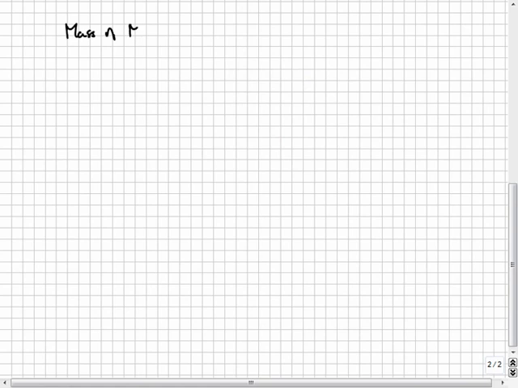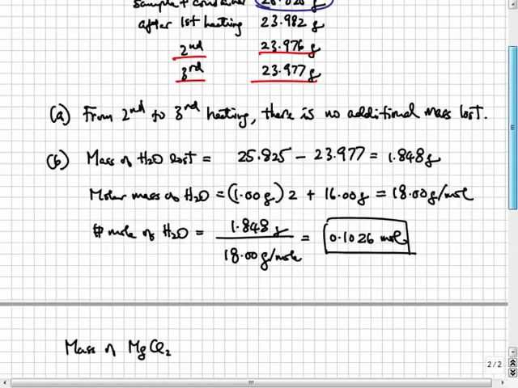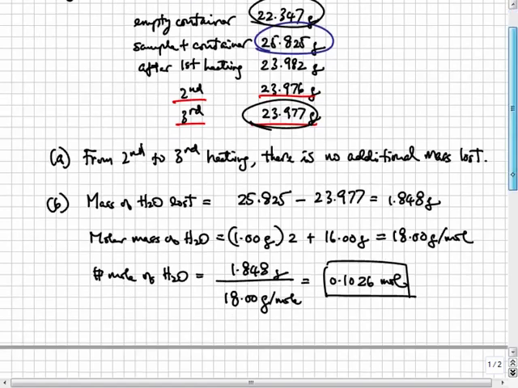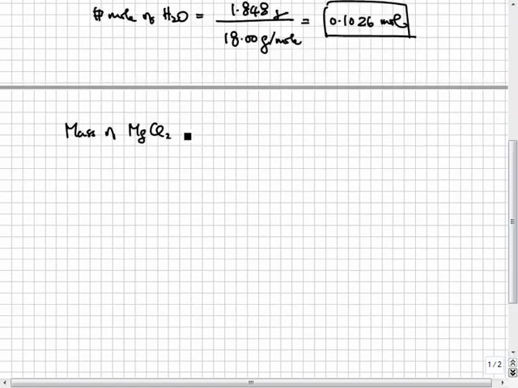This is given by the difference between the dehydrated MgCl2 plus the container and the mass of just the container itself. This comes out to be 1.630 grams.